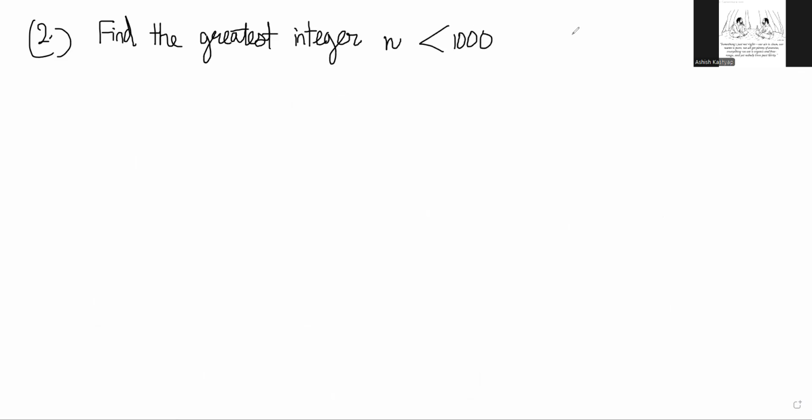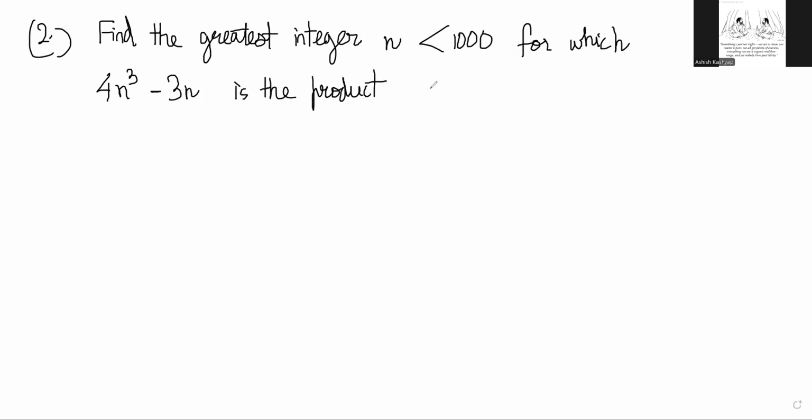Question number 2: find the greatest integer n, which is less than 1000, for which 4n cube minus 3n is the product of two consecutive odd integers.